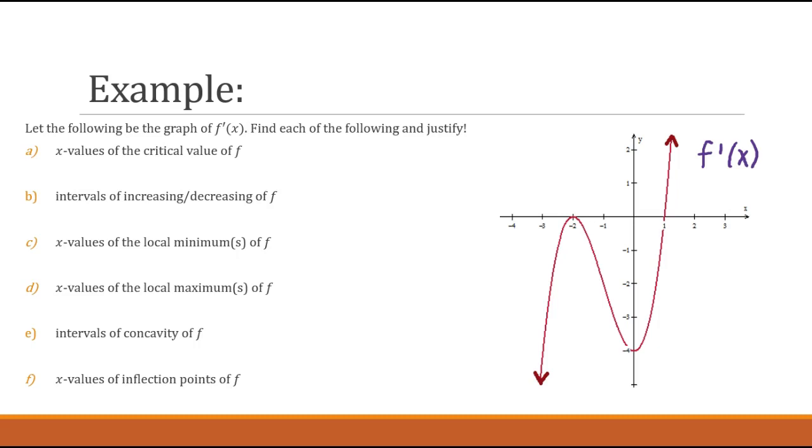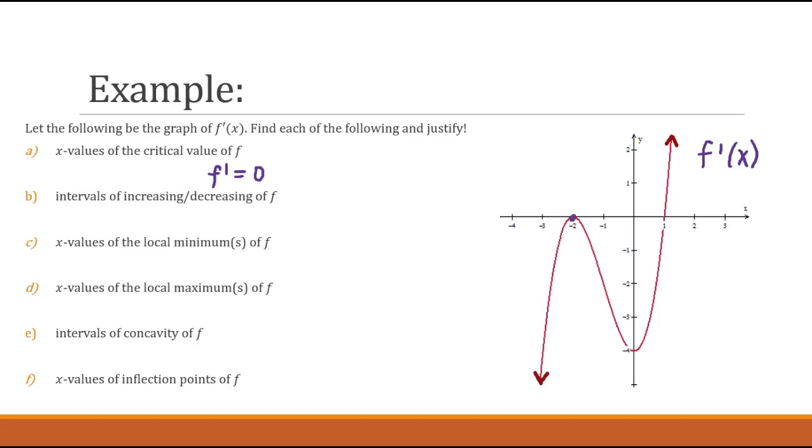So in part A, we want the x values of the critical values of f. So critical values, one of the best things that you can do is think about its definition, and that's going to be your justification. So it's almost like we're going to start with the justification first. The critical values happen wherever f prime is equal to 0 or is undefined. Well, here's my graph of f prime. Where does f prime equal 0?